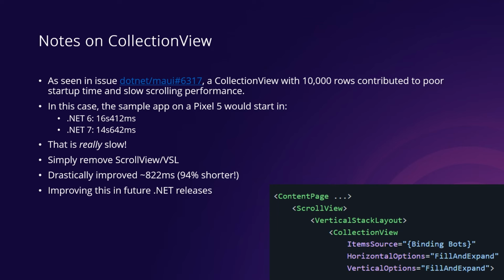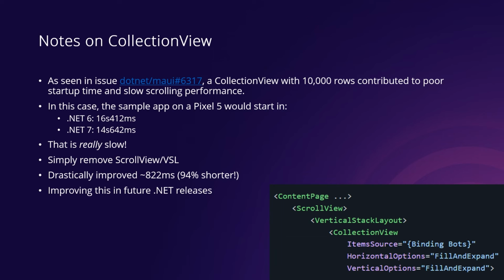So another thing, let's talk about CollectionView. We've seen quite a few issues filed on CollectionView, don't worry. We had a case where a customer, I don't know what they were trying to accomplish, but what they had was a layout with a page, a scroll view, a vertical stack layout, and then a collection view, right?